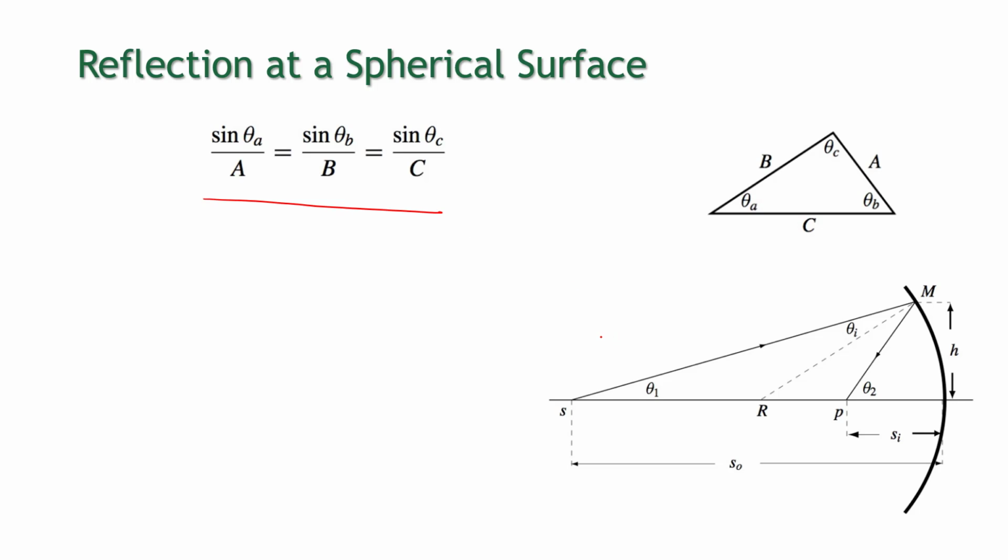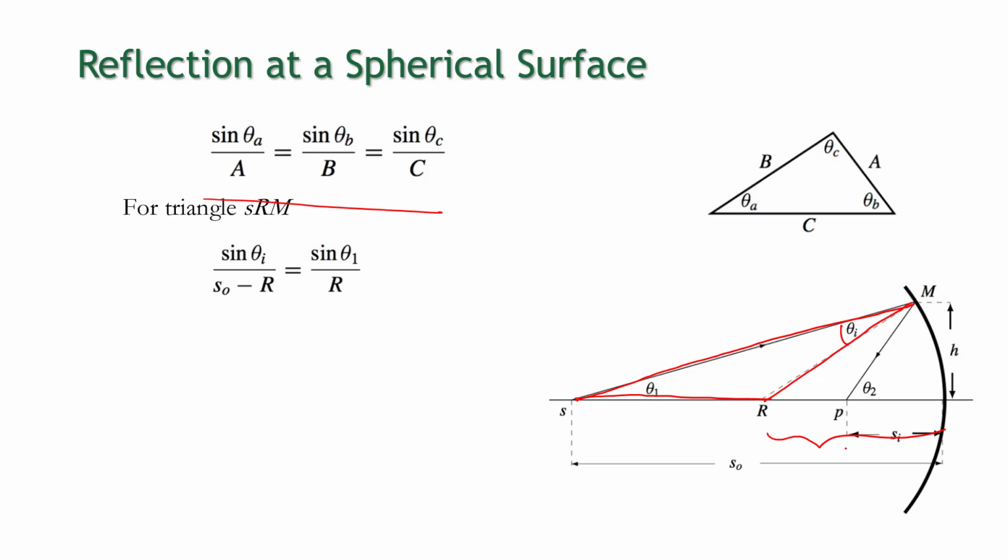We'll be using this for the triangle SRM. In this triangle, sine theta I over its opposite side, which is SR, which is this whole distance minus this R. So S naught minus R is this side, which is opposite to that angle.